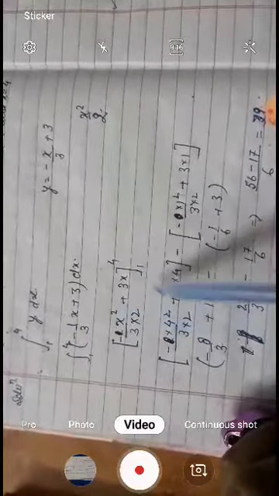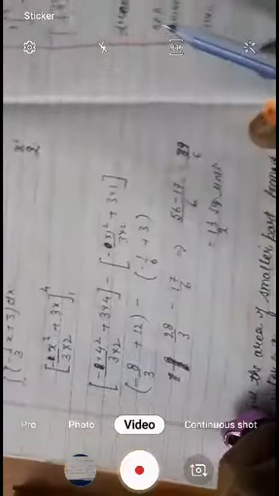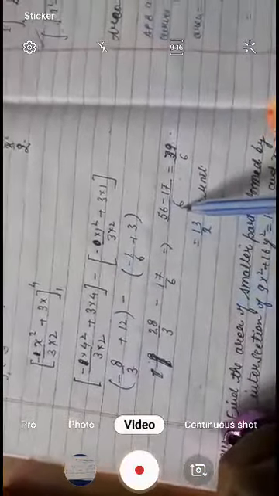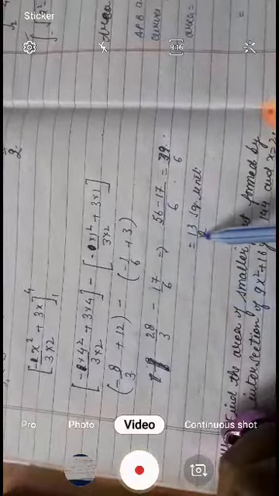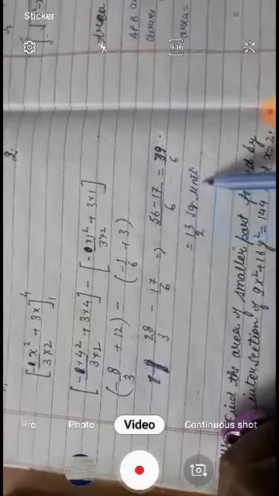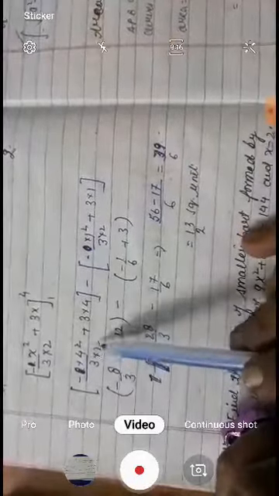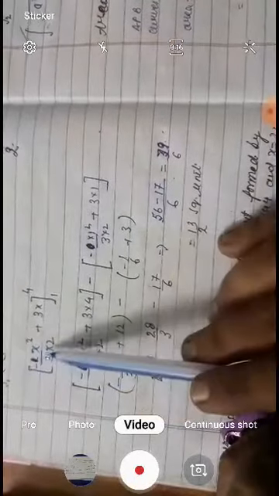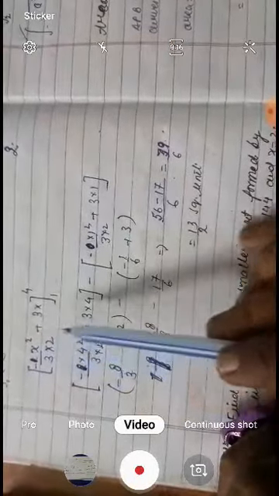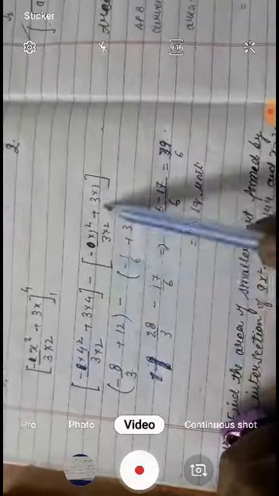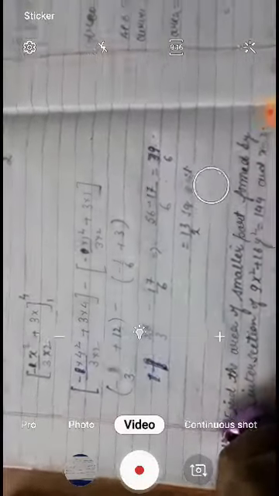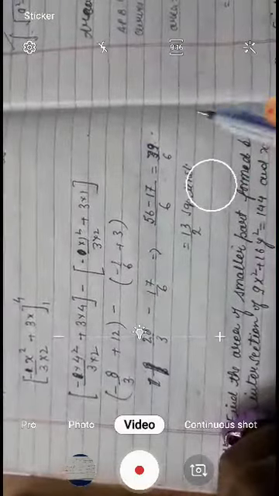Putting the values of limits, we find the total value is 30 upon 2 square units. This is the procedure. Firstly we integrate this form and then put the values 4 and 1, and then we get the answer. Is it okay to everyone?